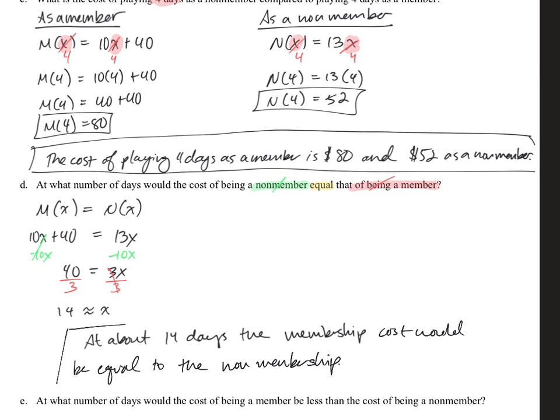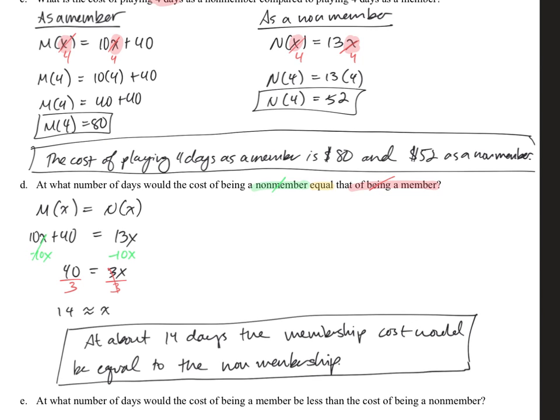Okay, so what would I take away from this? Well, if I plan to go less than 14 days in the year, I would probably stick with the non-membership plan because that would be cheaper. If I plan to go for more than 14 days, then I'd probably go with the membership cost.